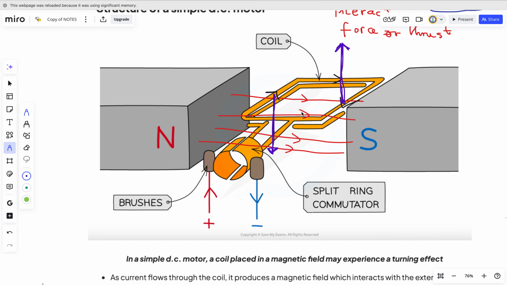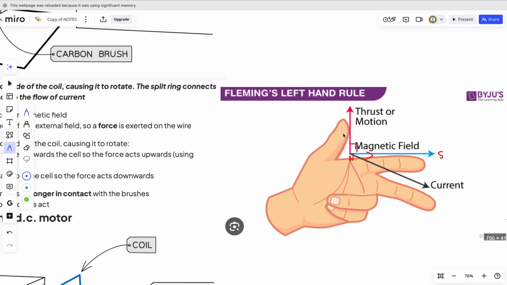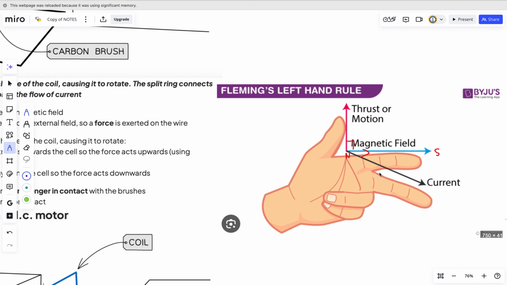So once again, we use Fleming's left-hand rule to explain the electric motor. Whenever we have north on the left and south on the right, the polarity is arranged like this. Our first finger will be the direction of the magnetic field.